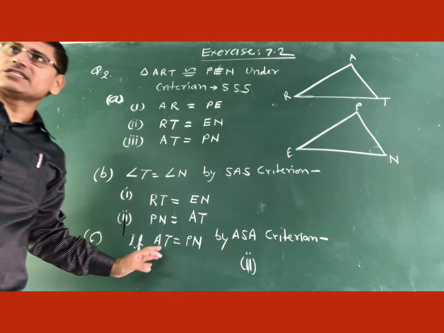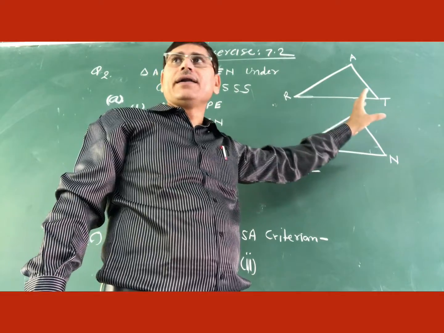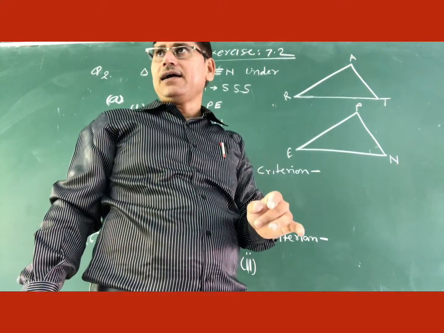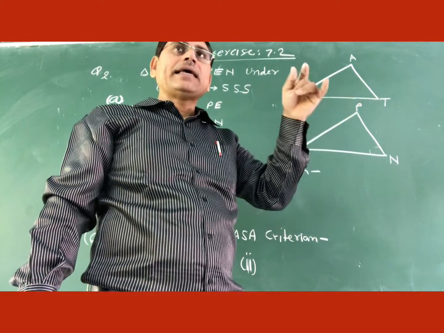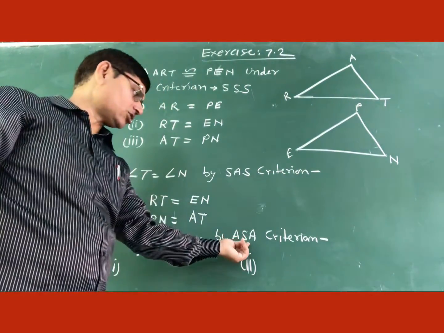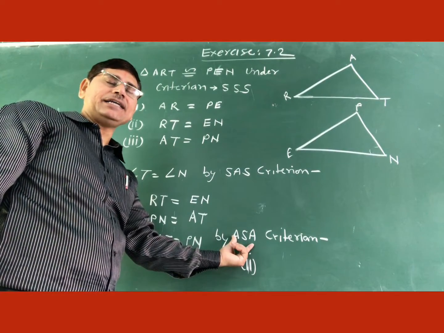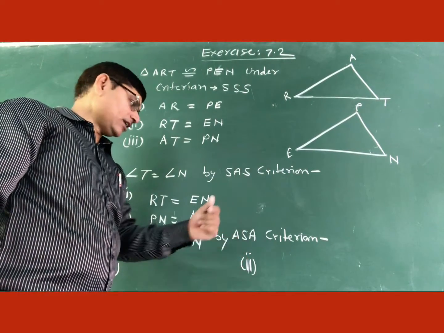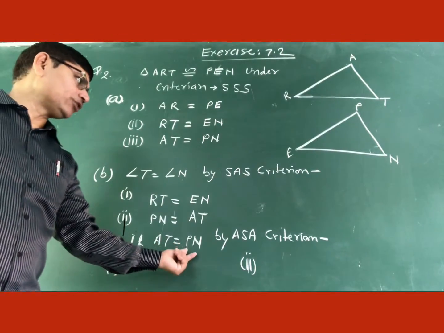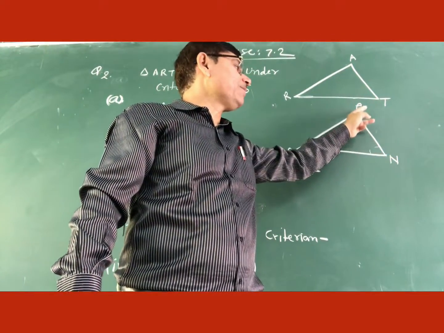For part C, if these two triangles are congruent under the ASA criteria, the S is in the middle, meaning this side lies between two angles, it is the included side. Then you can say that AT equals PN. AT is this one, and PN is given.